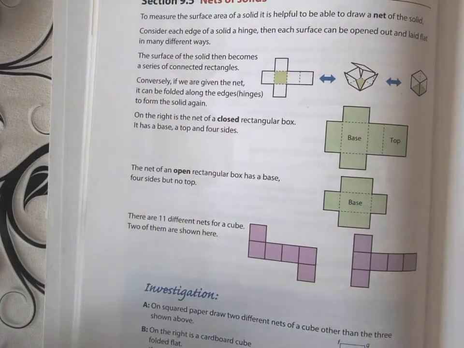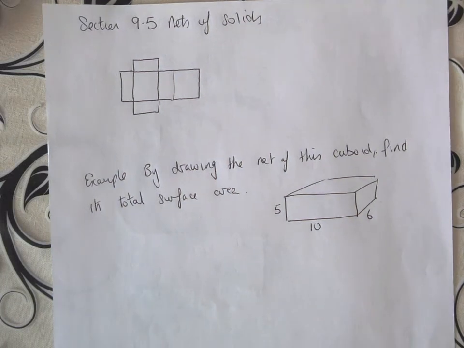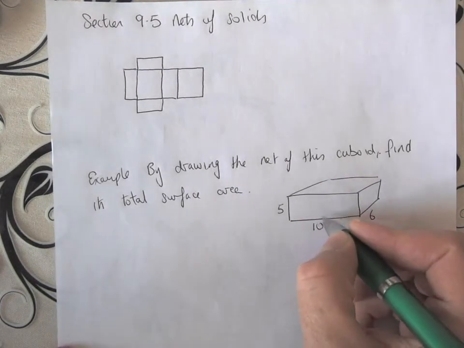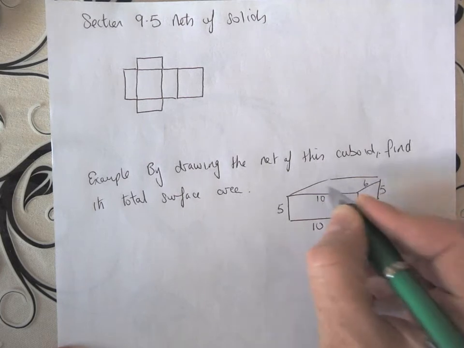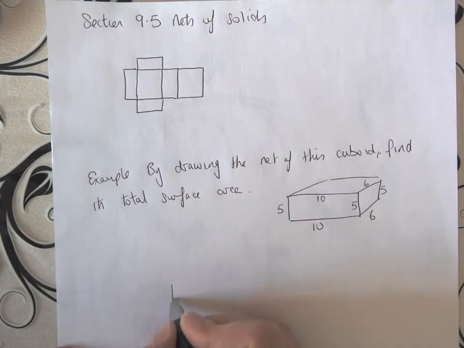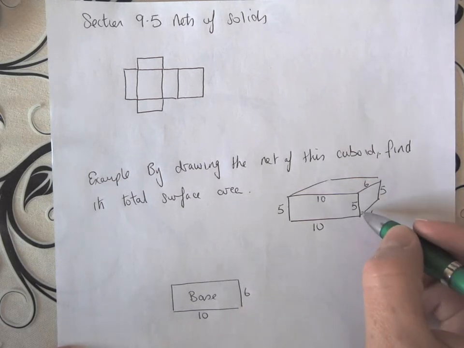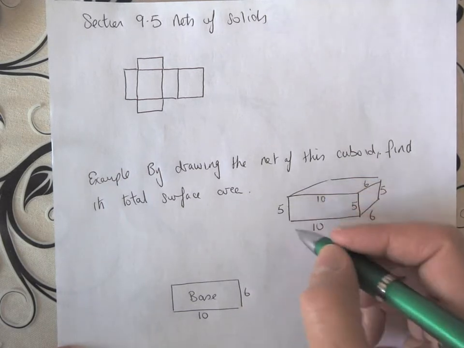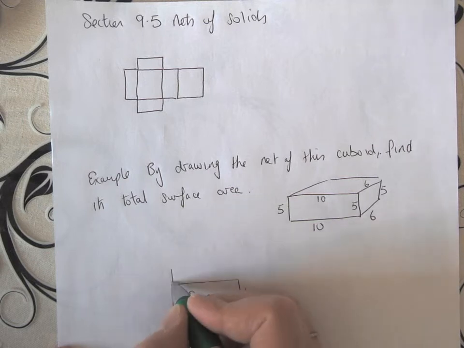The thing we're asked to do in this is, by drawing the net of this cuboid, find the total surface area. So this is 10, this is 10, this is 5, this is 5, this is 5, this is 6, this is 6. Start with the base. The base is 10 by 6. Out of the base is the front, which is a 5, and the back is going to be the same.